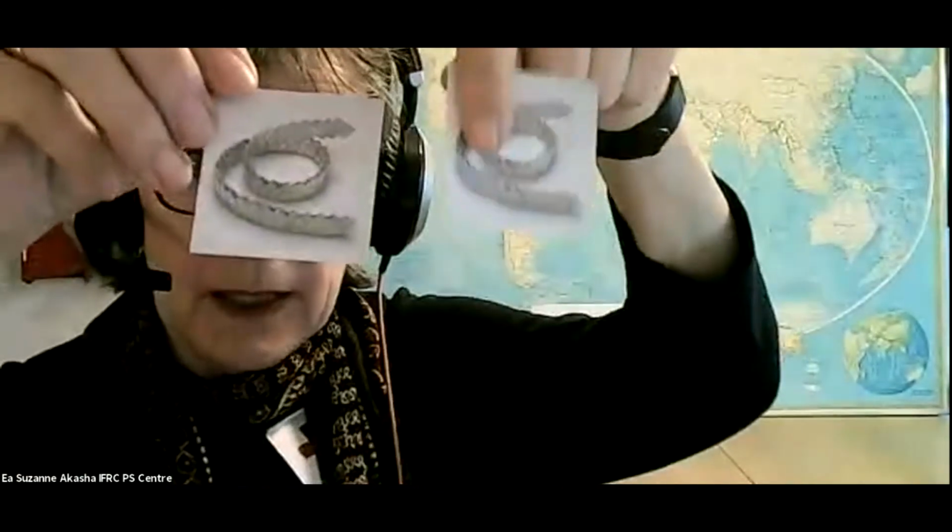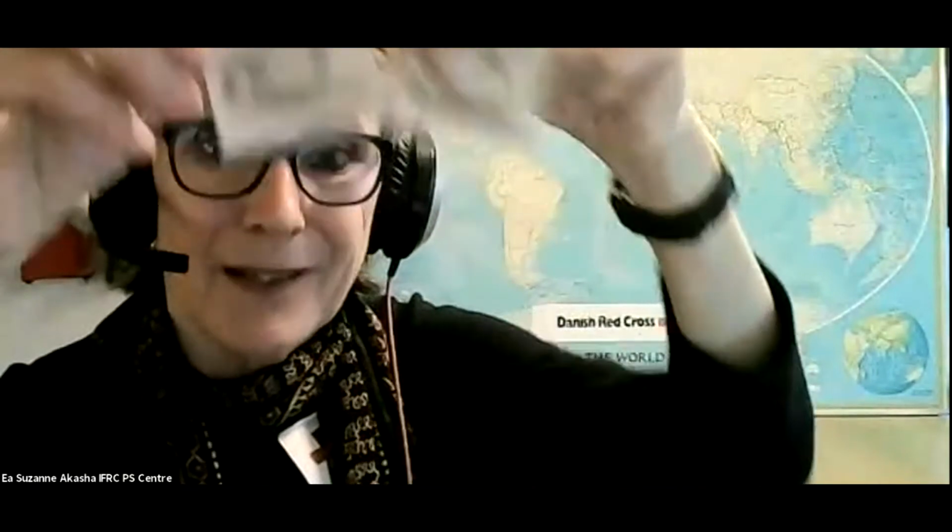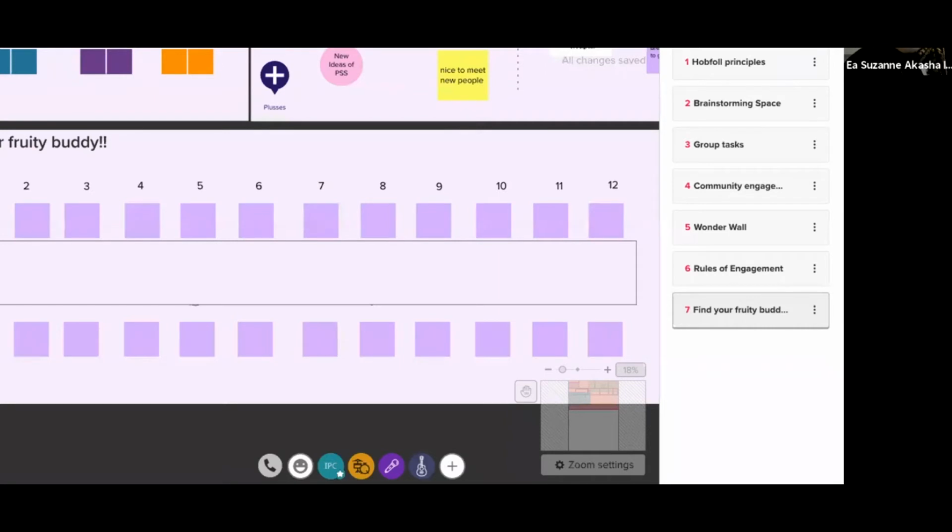You can't use that, but this is where people would go and pick a brick, and then they would find the person who has the exact same brick. This is how we make pairs, so that people are paired randomly, because very often in trainings, people tend to go with the persons that they already know. When training online, we can use breakout rooms, but we can also do like Shona is showing. Shona, would you take over?